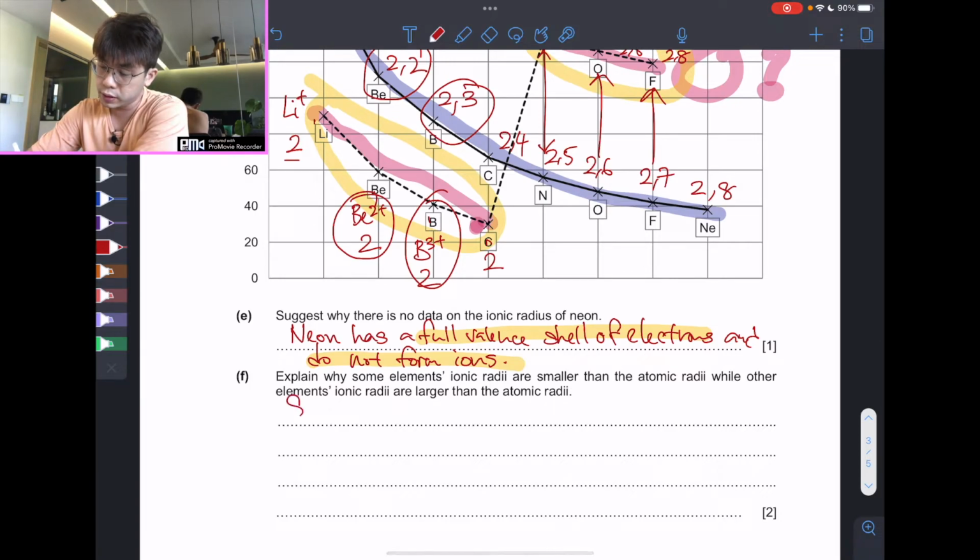First I want to explain why lithium, beryllium, boron, and carbon are smaller.